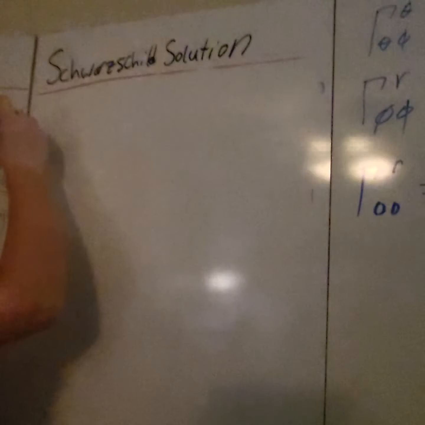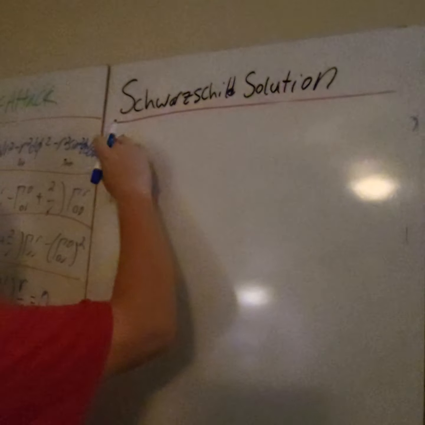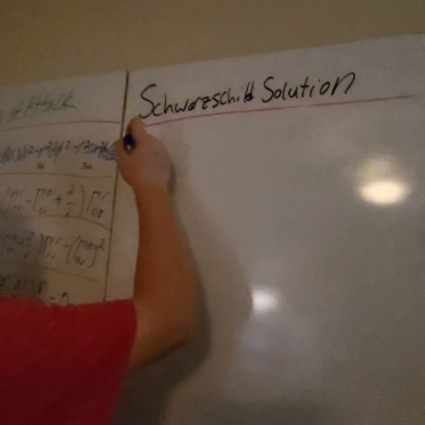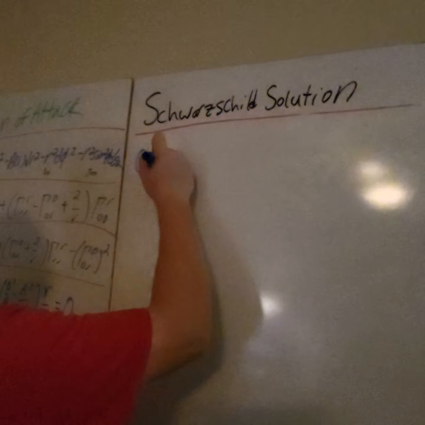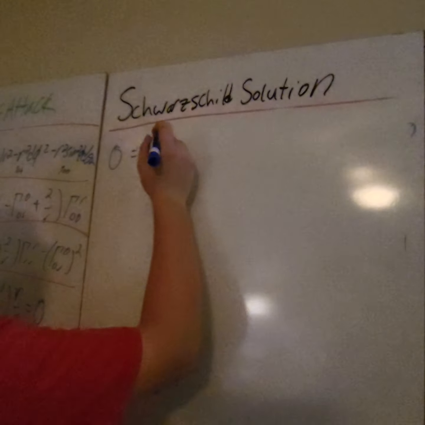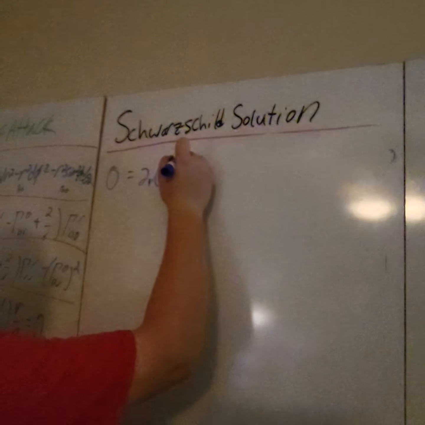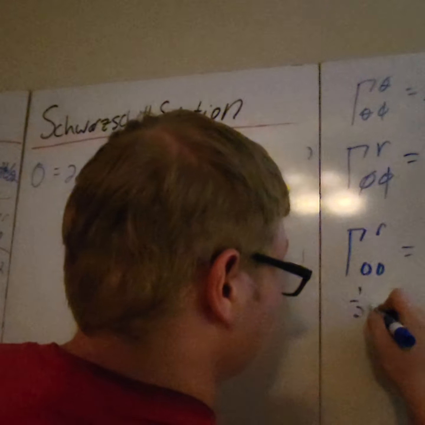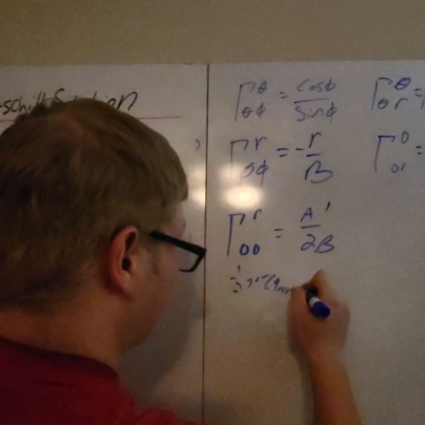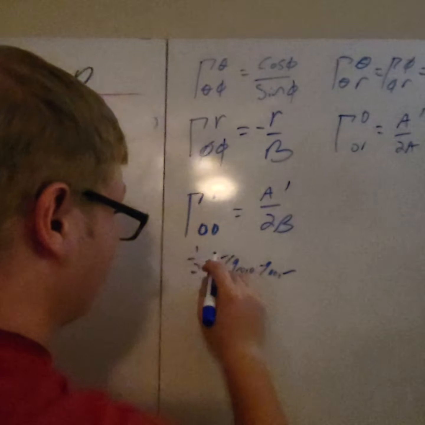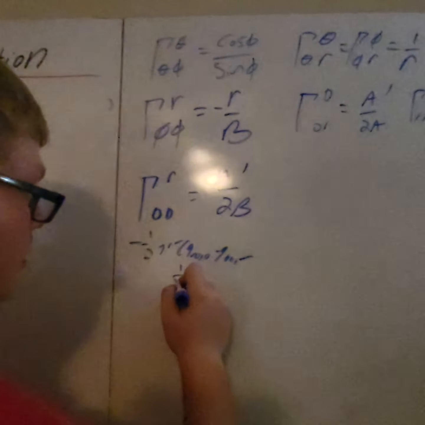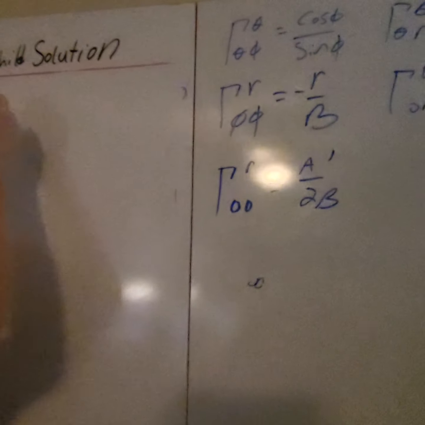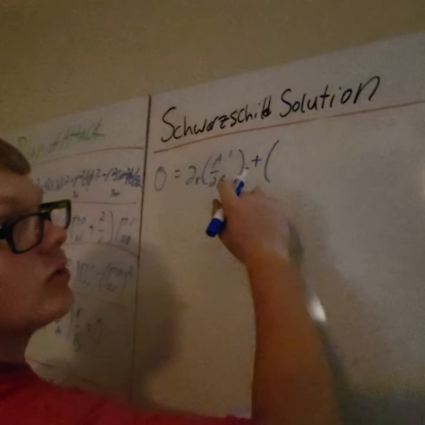So we're just going to set all these curvature tensor components to 0. Let me make sure I did that right. Yeah, okay, I did. Plus, what is R?